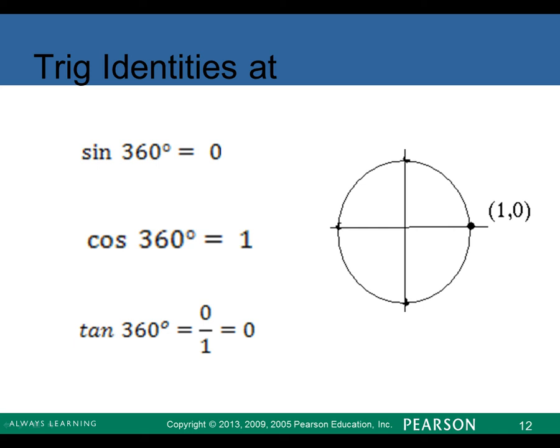So cosine of 360 is 1, sine of 360 is 0, tangent, sine over cosine, equal to 0. Okay, so tangent at 360 or 0 is going to be 0. All right, questions with those? Main thing to look at is cosine is always the x value, sine is always the y value.